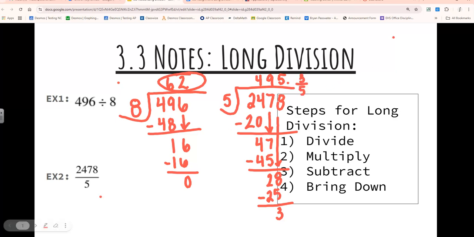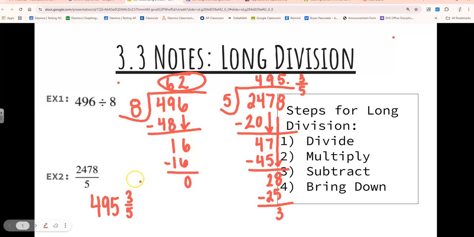So our answer here could be 495 and 3/5. If you keep going with decimals, it's going to be 0.6. But for what we're doing today, that's going to be the most helpful, writing it as a fraction. So the remainder goes on top, what you're dividing by goes on bottom when you get to that remainder. Okay, questions?